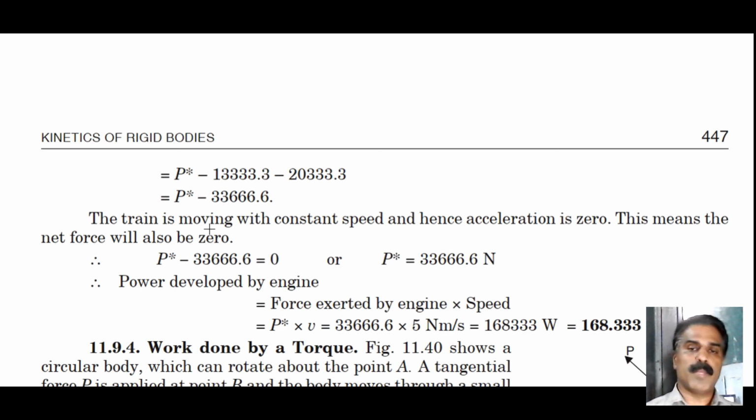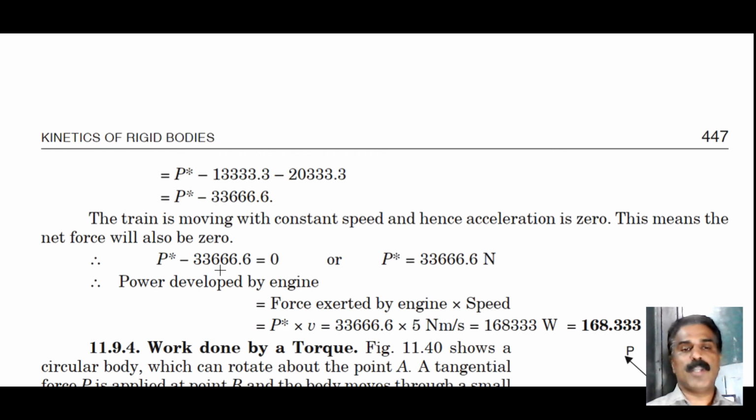Again, as in the previous case, the train is moving with constant speed, and hence acceleration is 0. You can see here, acceleration is 0. So that means the net force will also be 0, because if there is no acceleration, there should not be any net force in that direction according to Newton's second law.